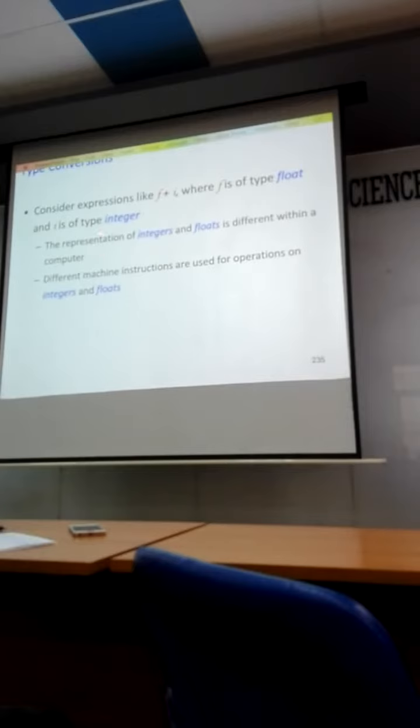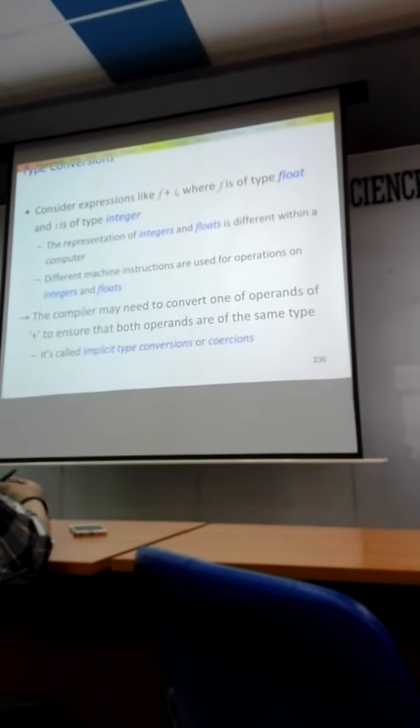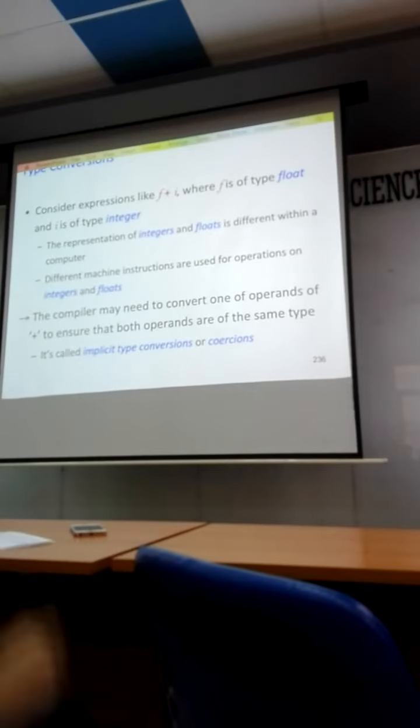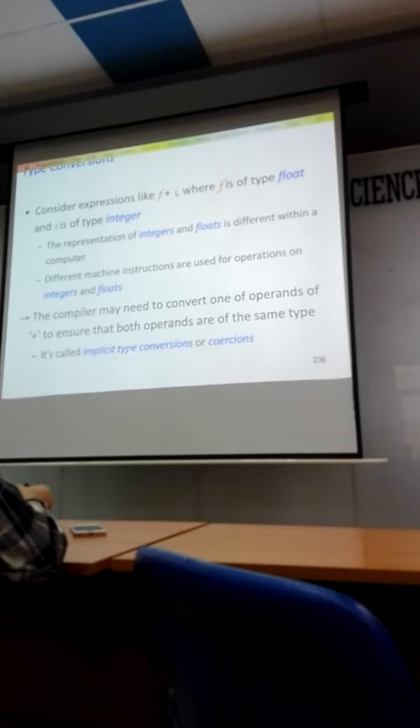These are two reasons why our compiler needs to transform the type of operands. In this example, we focus only on the addition operator, and the transformation in this case is called implicit type conversion. Do you remember this one?